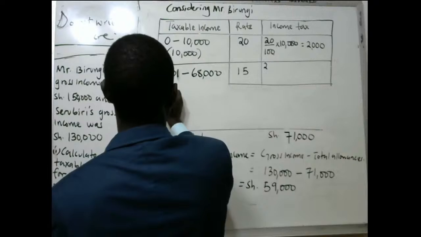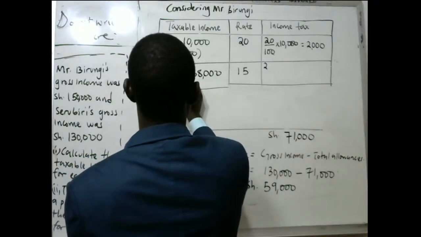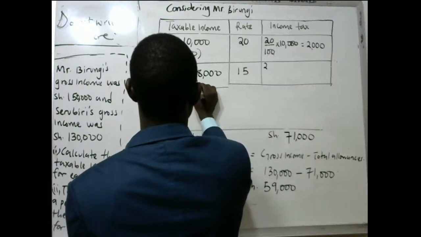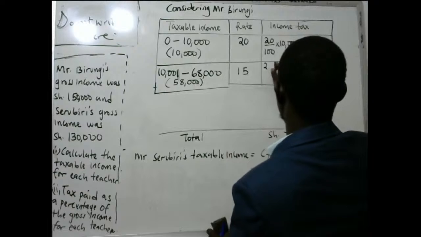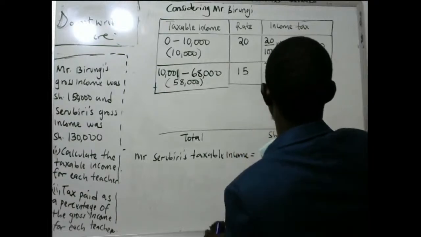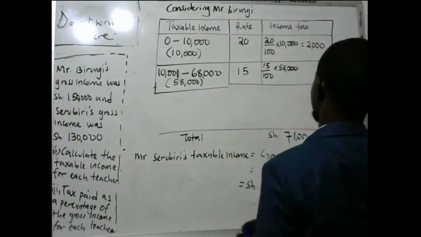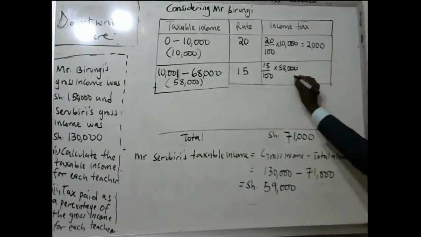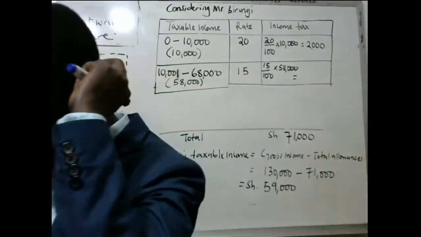So what we are going to multiply with is 58,000. It is 15 over 100 times 58,000. What do we get as the solution for this? Calculate and tell us the answer.